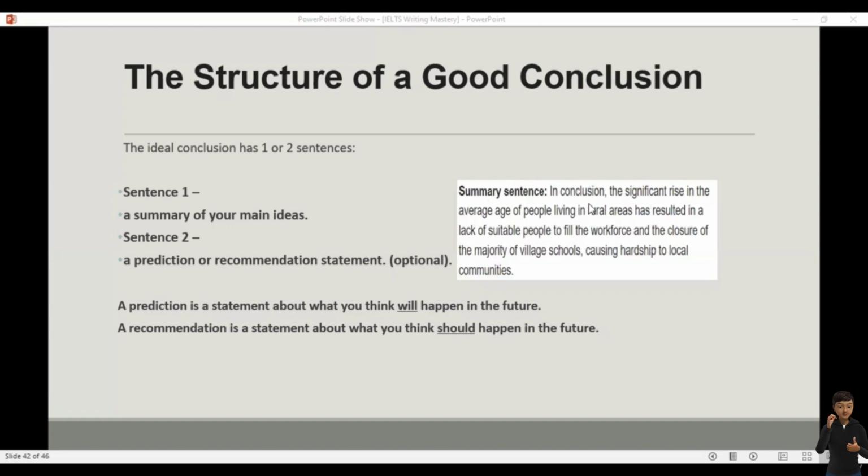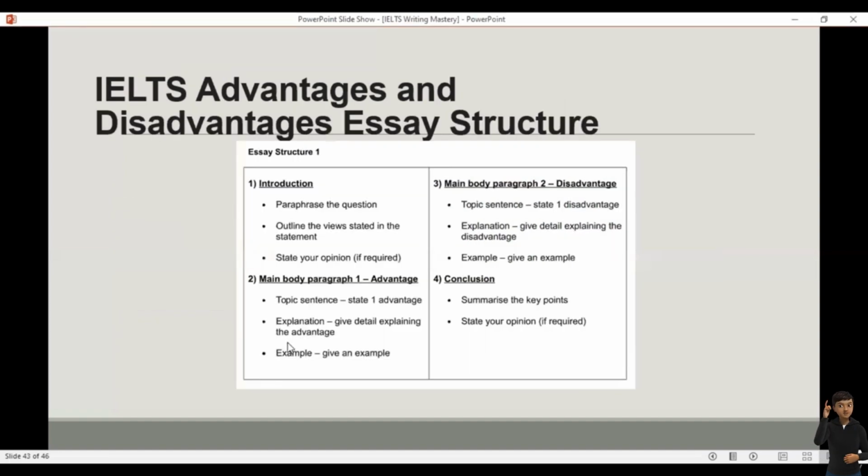Rise in the average age of people living in the rural areas, resulting in a lack of suitable people to fill the workforce and closure of educational facilities. So that's all about our introduction. Now we are done with our essay. We will have a look at how we will plan an advantages and disadvantages essay further.